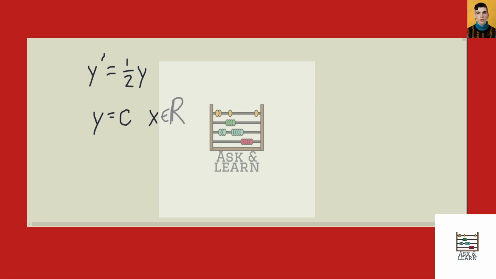So, in particular, if we take y to be some constant c in the real numbers, and x is any real number, then we have that the slope of y at the point x, c, is going to be 1/2 y, which is equal to 1/2 of c.